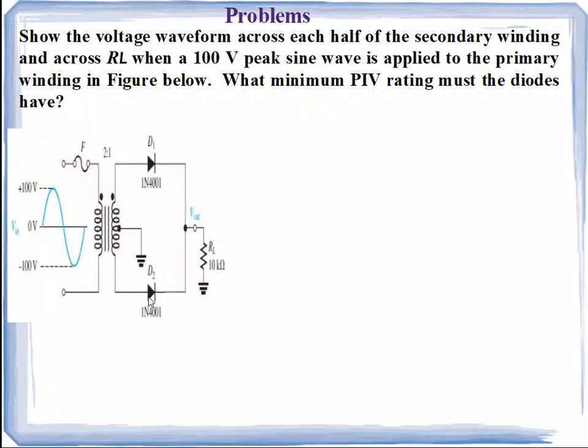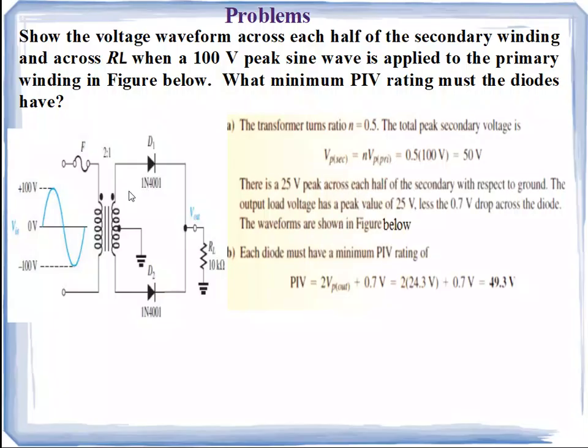So ultimately across this Vout terminal we will always get pulses, both in the same direction, positive pulses, right? But what is happening here is that the peak is basically coming as 25 volt, right? So 50 volt with 2:1, and that's why from the reference to the peak it is 50 by 2. So that's why we are considering 2Vp, and that is the PIV, but the peak inverse voltage rating is 49.3.